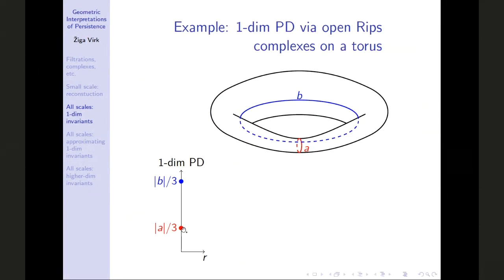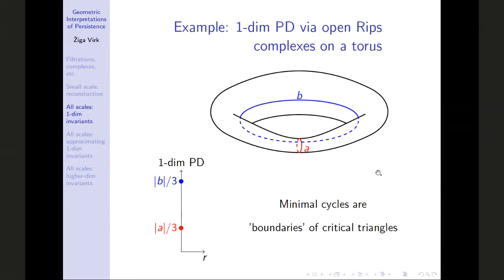If we're doing it with Rips complexes, we'll have a death at 1/3 of the length of the first smallest generator, and then 1/3 of the length of the second smallest generator. And if you want, you can actually reconstruct these generators from critical triangles. You just take the vertices of critical triangles and connect them in your space. I had a master's student playing with it, so it's a fun and easy thing.